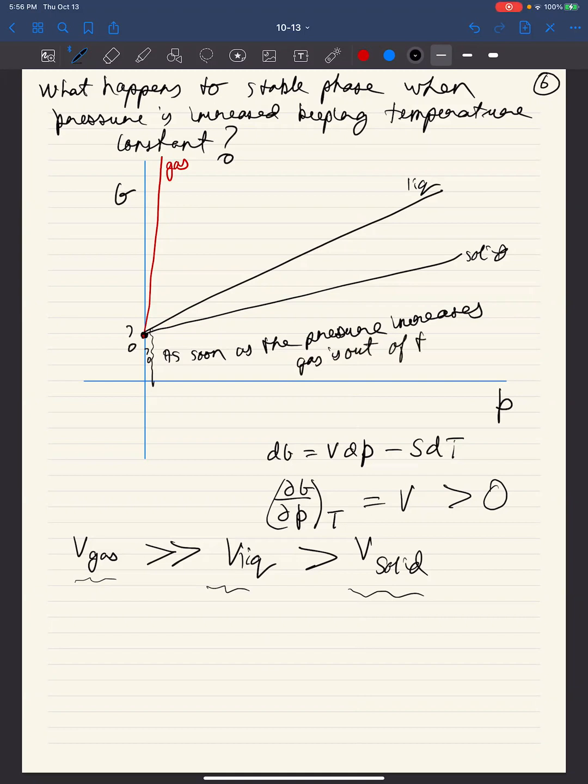It's not going to happen. That is the only conclusion we are drawing here. Whether we will have transitions from solid to liquid to gas at low pressure is something I'm not answering here. You can go and think about where the ordering should be. But this is the main picture I wanted to give. Any questions about this?